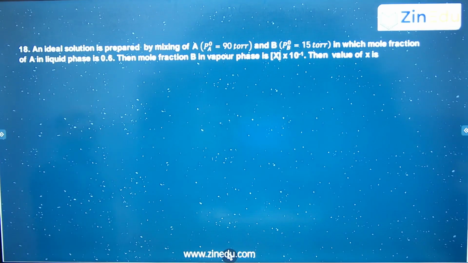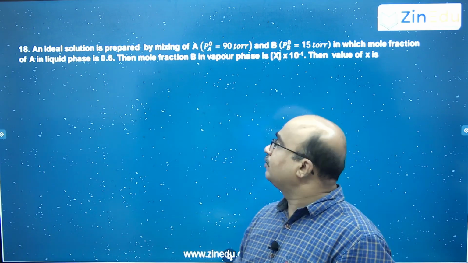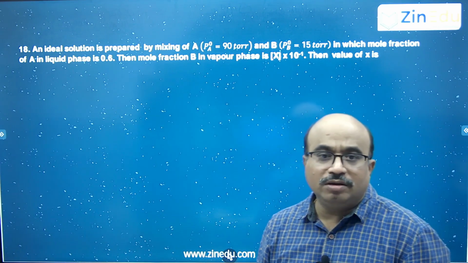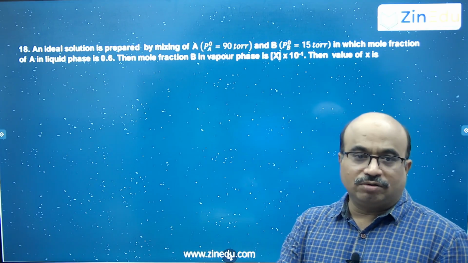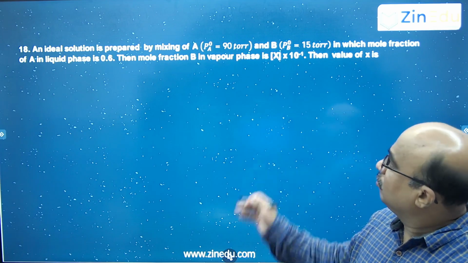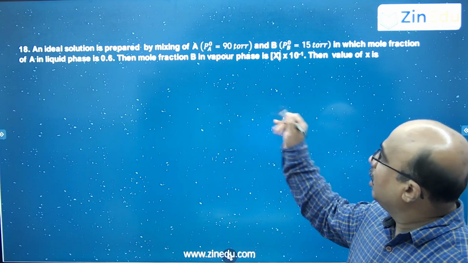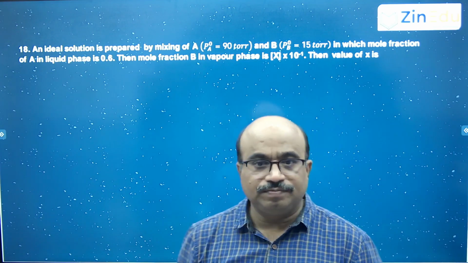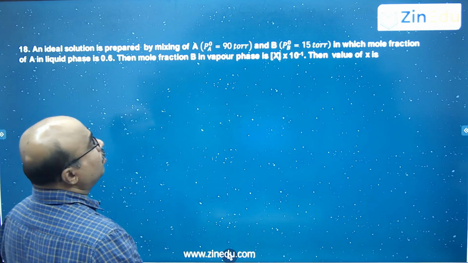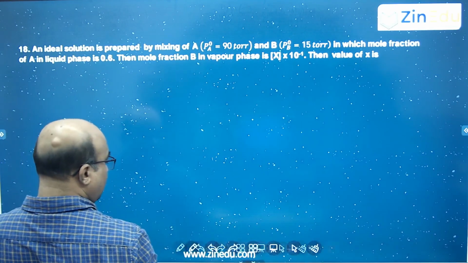An ideal solution is prepared by mixing A and B, in which the mole fraction of A in the liquid phase is 0.6. Then find the mole fraction of B in the vapor phase. We already got a question from the same topic, solutions, in the shift 1 morning session. Now we have again a question on the same base. Here we are calculating YB.